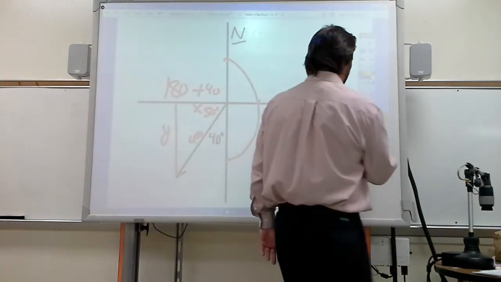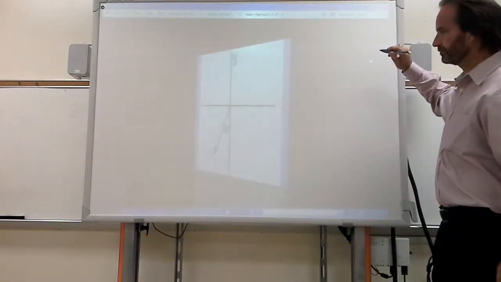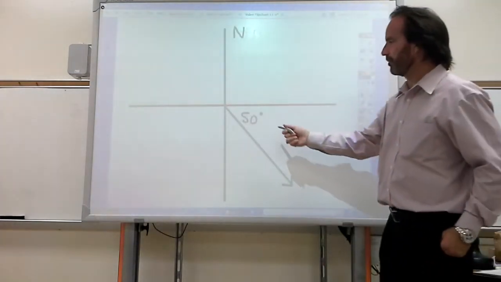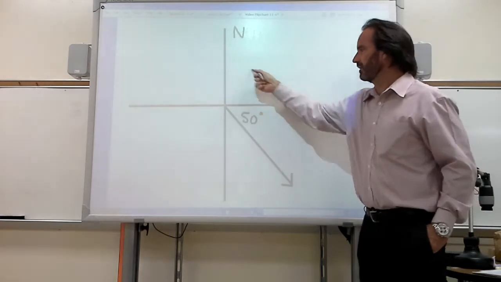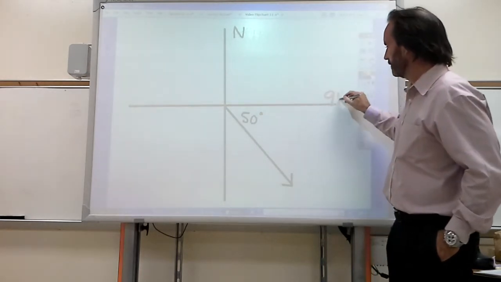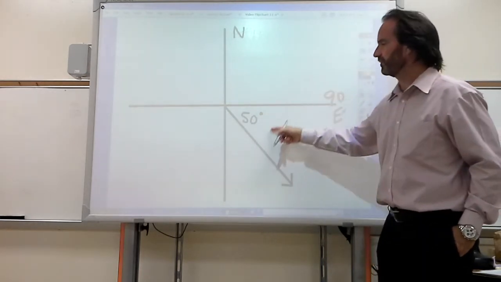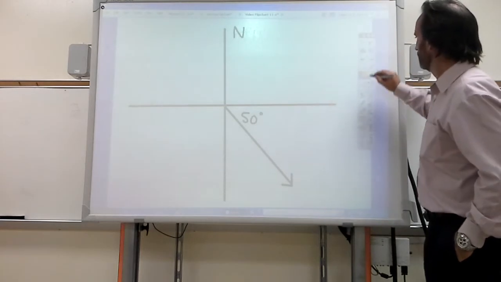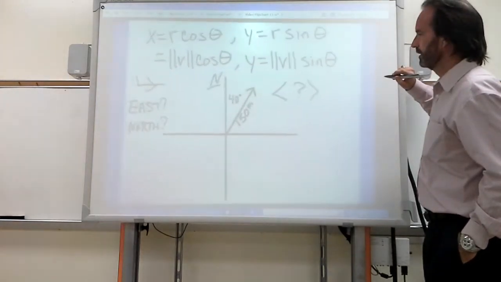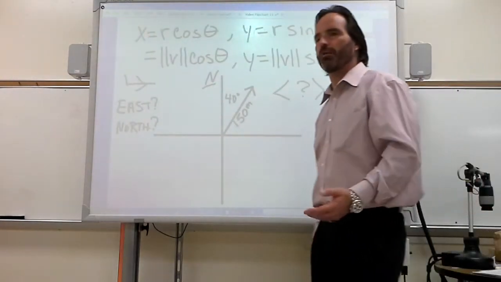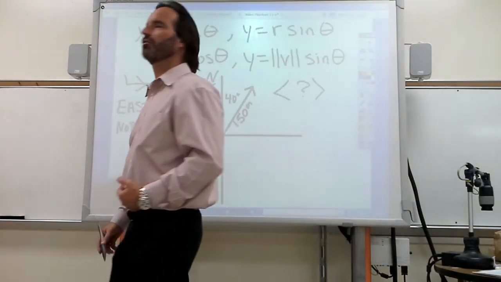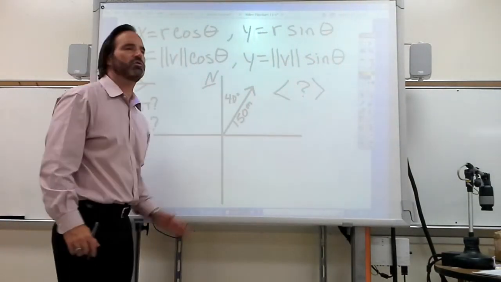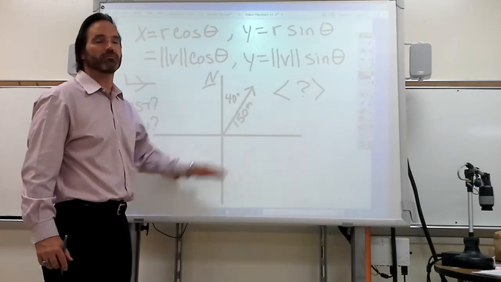Okay? Real quick. This vector here would be, here's 50, so this is 90. Due east is 90 plus 50. Okay, some of the phraseology again might be 40 degrees east of due north. That would be 40 degrees east of due north, which would be what? 040. Okay?